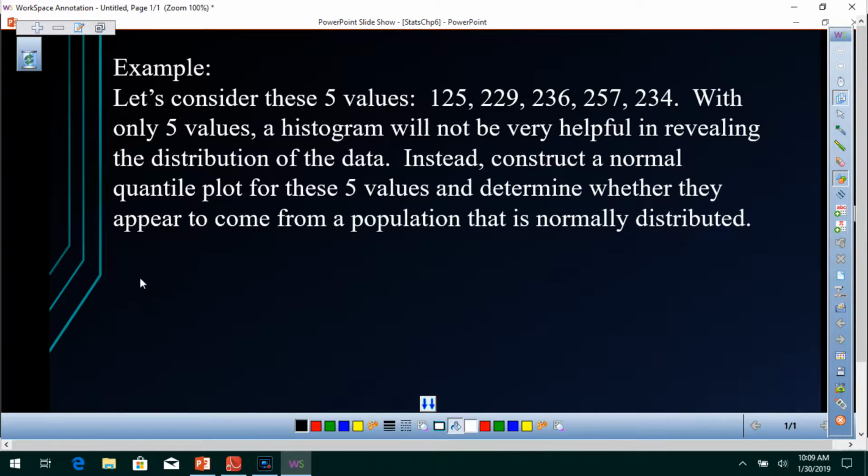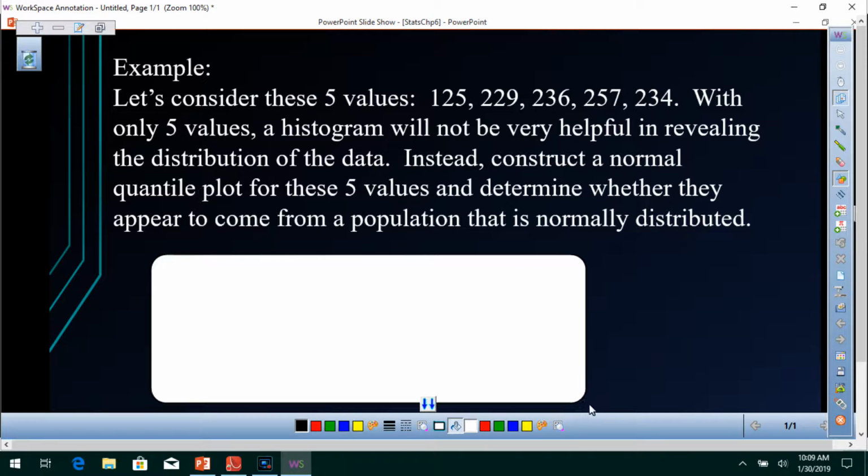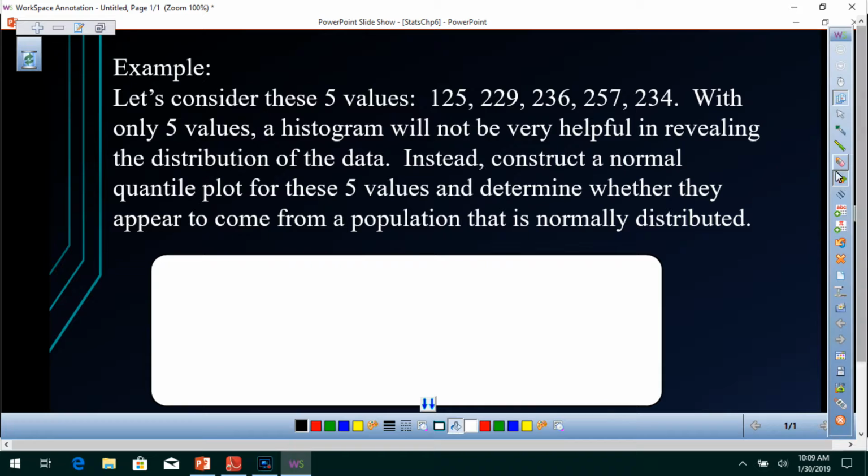I like to do it kind of as a table. I've got 5 values, and I need to put them in order.